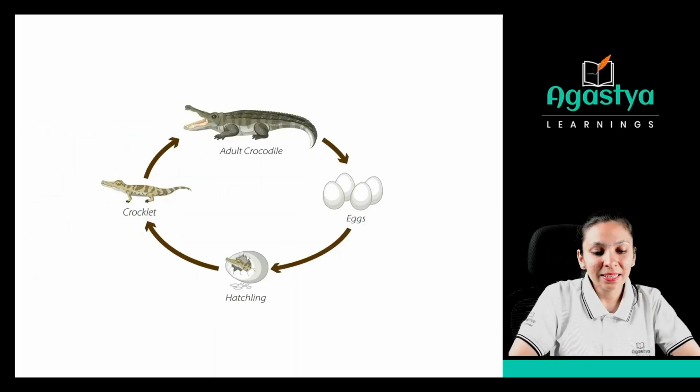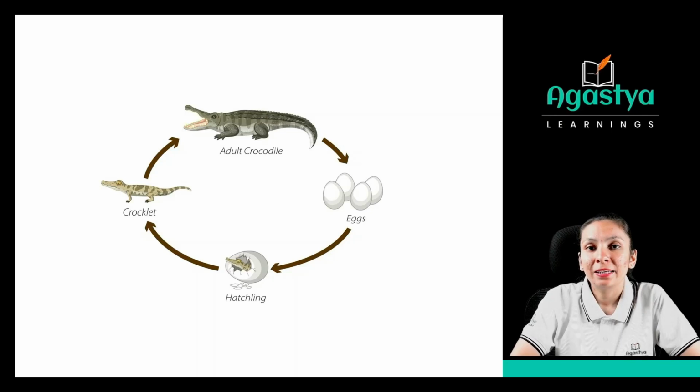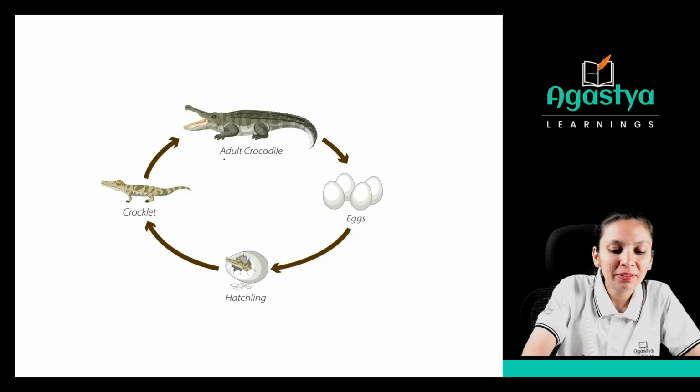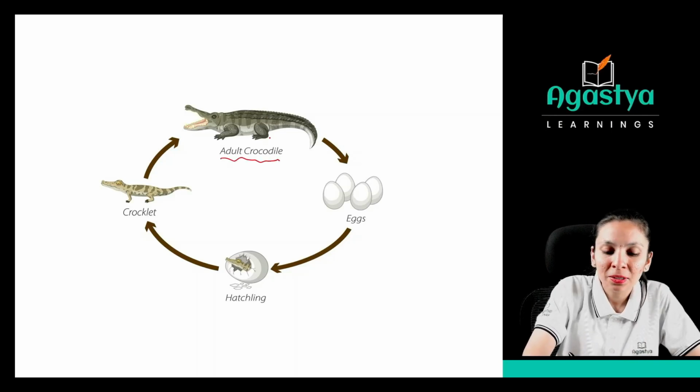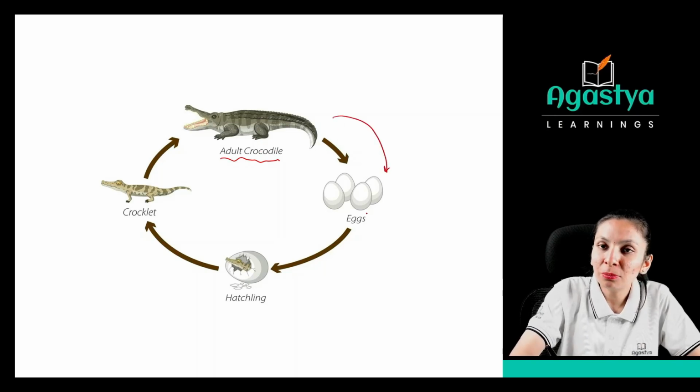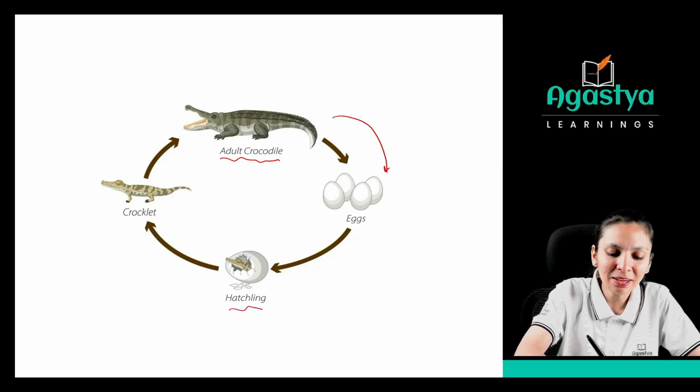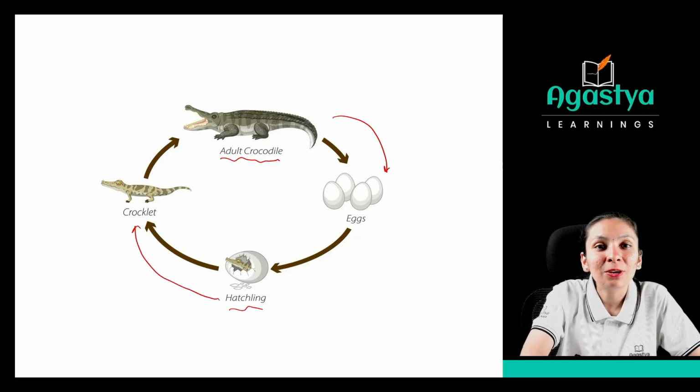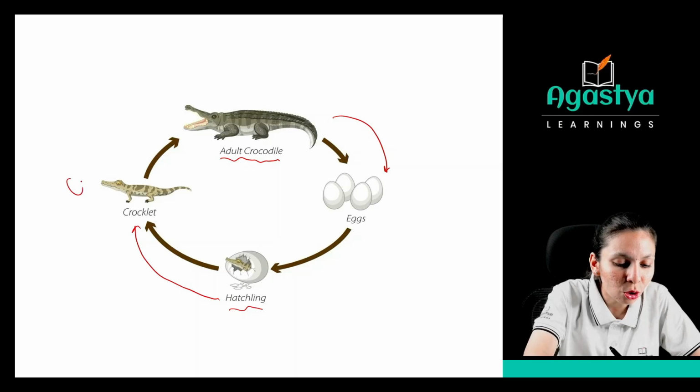Now see, the next thing is about the crocodile. As you see in this picture, we have one adult crocodile. This adult crocodile will lay eggs over here. From these eggs, when the baby gets mature, it will come out. That is the process of hatching. And from this we have one baby crocodile, that is called croclet.